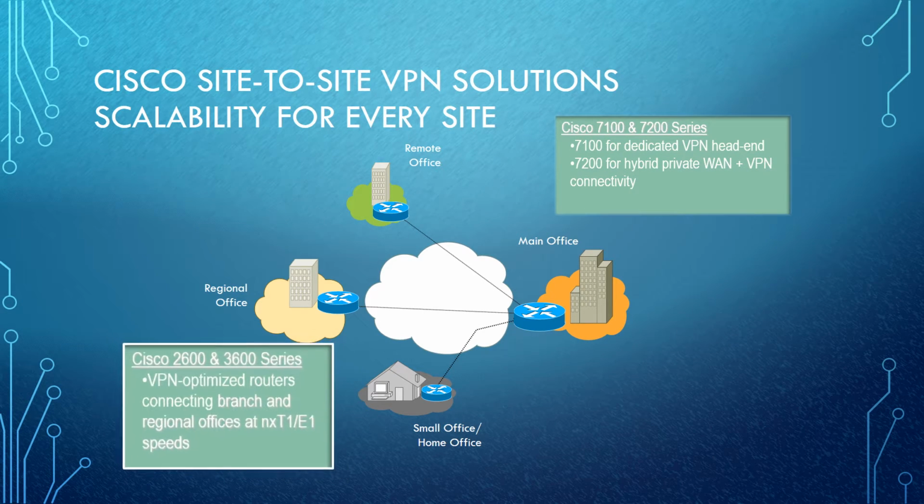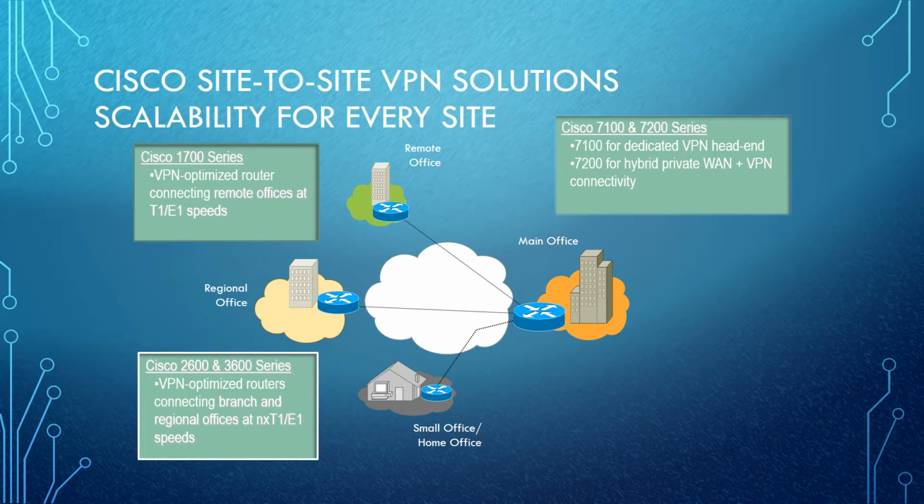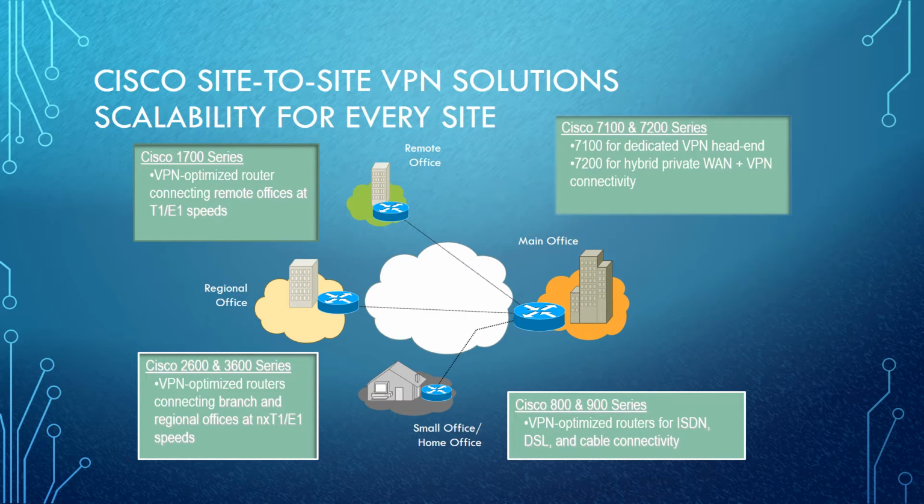Some of these routers are Cisco routers that can accomplish this task. There are several different options to choose from depending on the amount of data and the speed that you require.